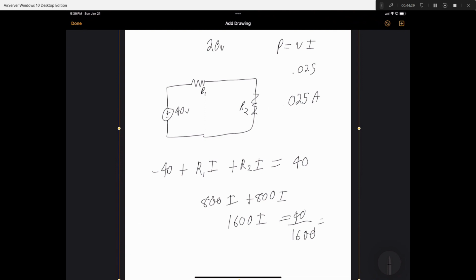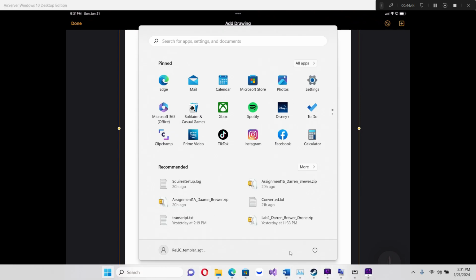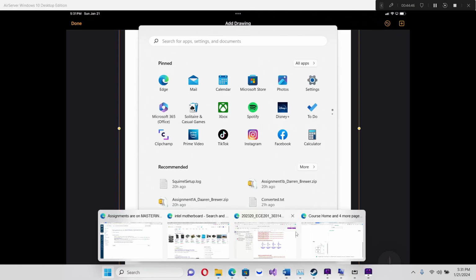So 20 times 0.025 is equal to 0.5, right, 0.5 watts. And that's your answer. That's what you want. And now let's go to the next one.